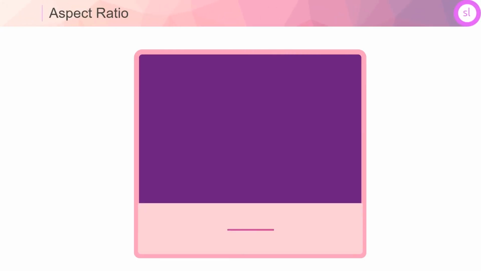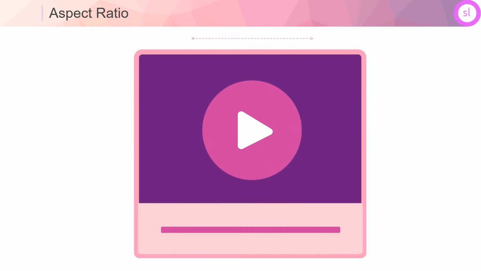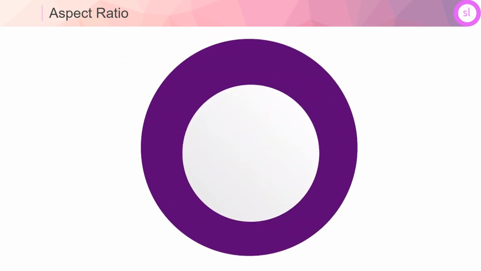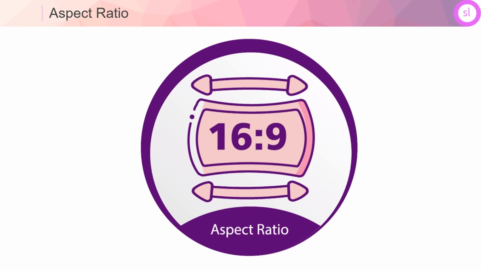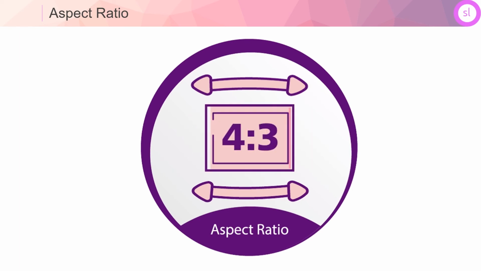Aspect ratio of the screen is the relationship or ratio of its width compared to its height. The two most used aspect ratios are 4:3, also known as full screen, and 16:9, also known as widescreen. The 4:3 aspect ratio dates back roughly to 1917 when the Society of Motion Picture Engineers adopted it as a standard format for films.